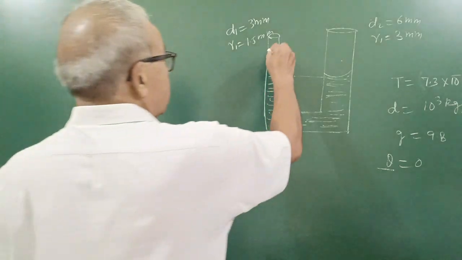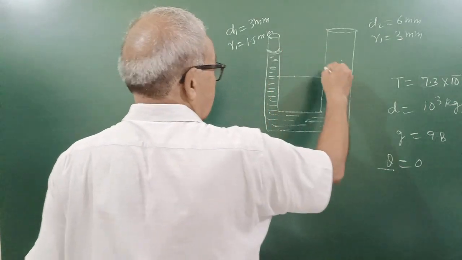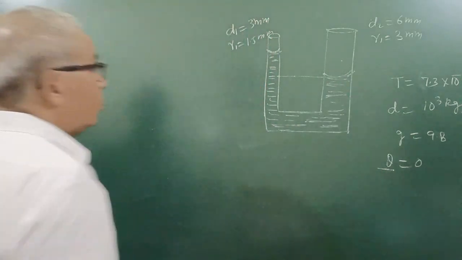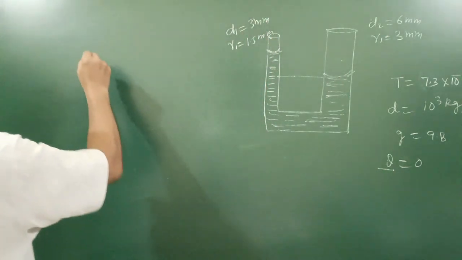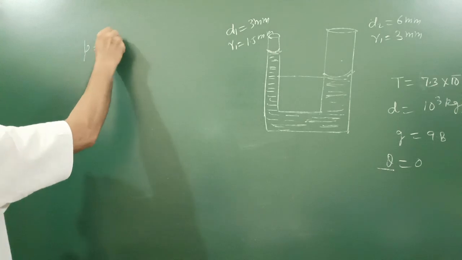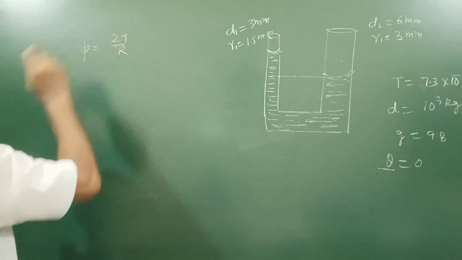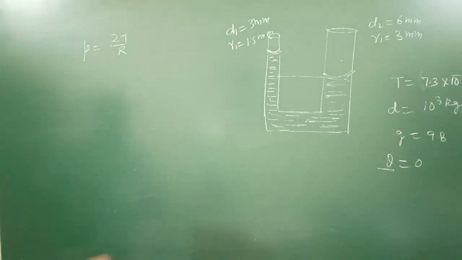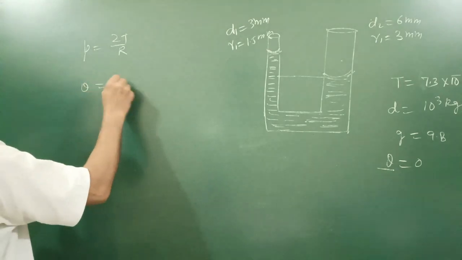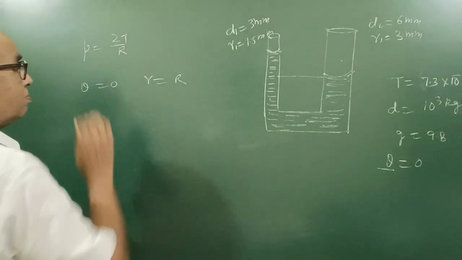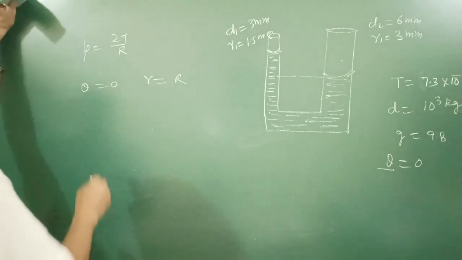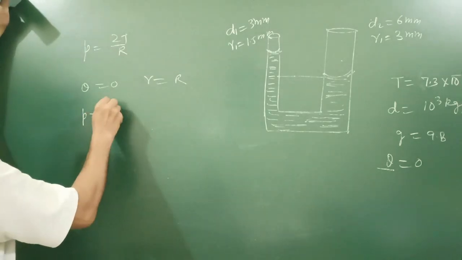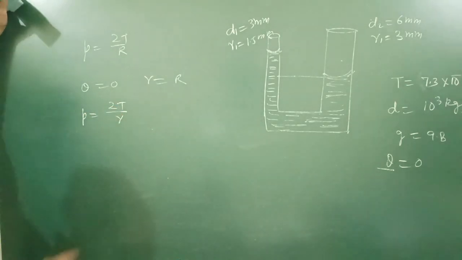So how do we find this difference? Actually, you know the pressure difference across a curved surface, P is equal to 2T by R. Here theta is 0, so small r equals capital R, and hence P equals 2T by R.